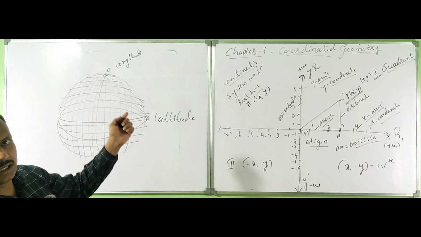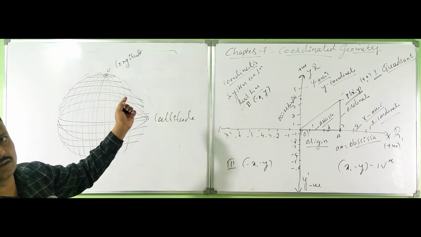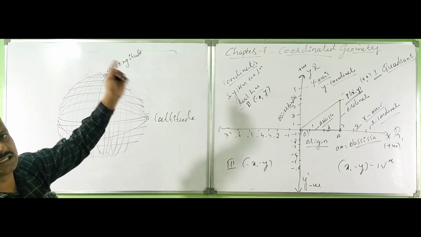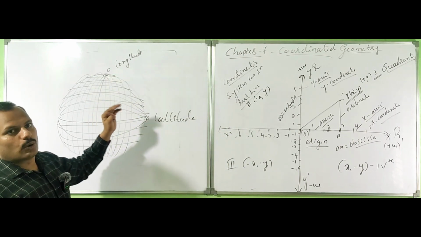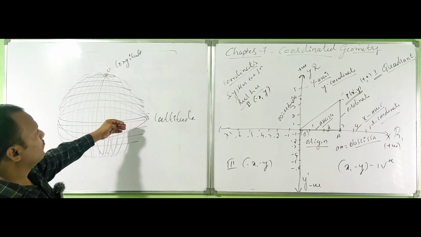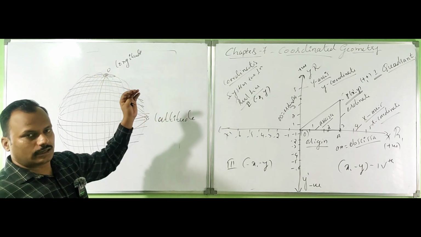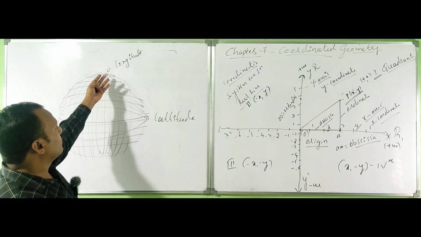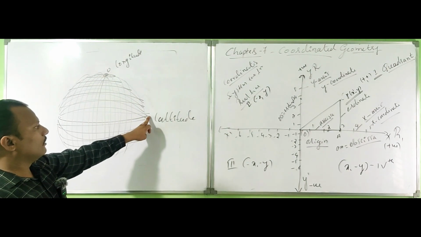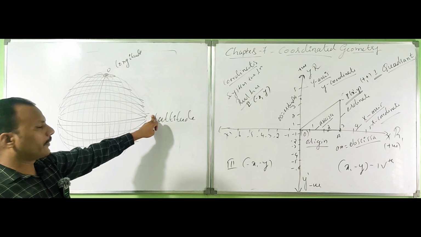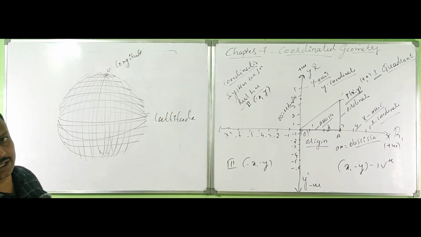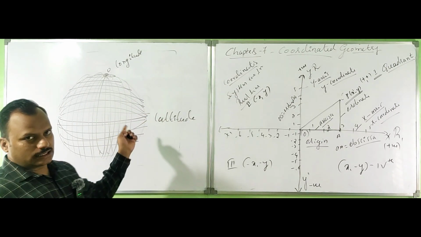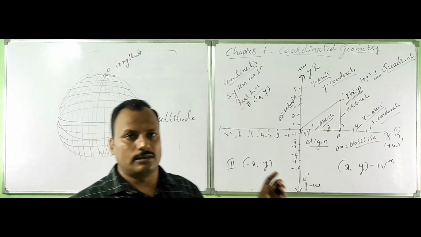They are consecutive circles. The whole circumference decreases with respect to height, as you go to the north or south. The 0 latitude, called the equator, has the largest distance, the largest perimeter.